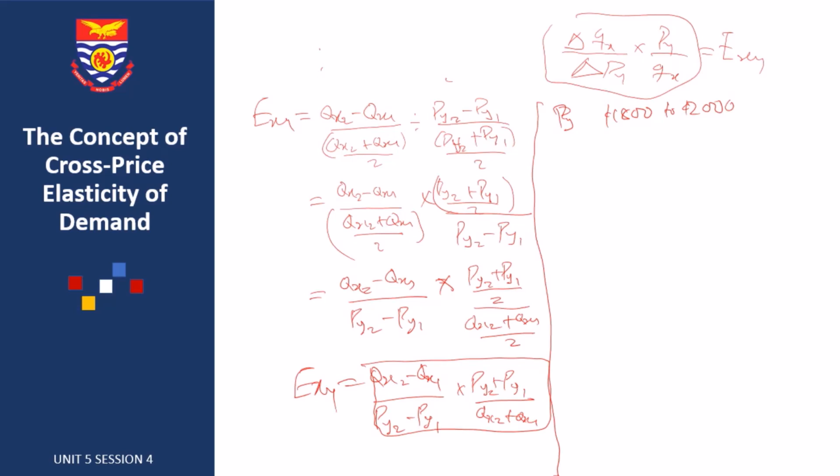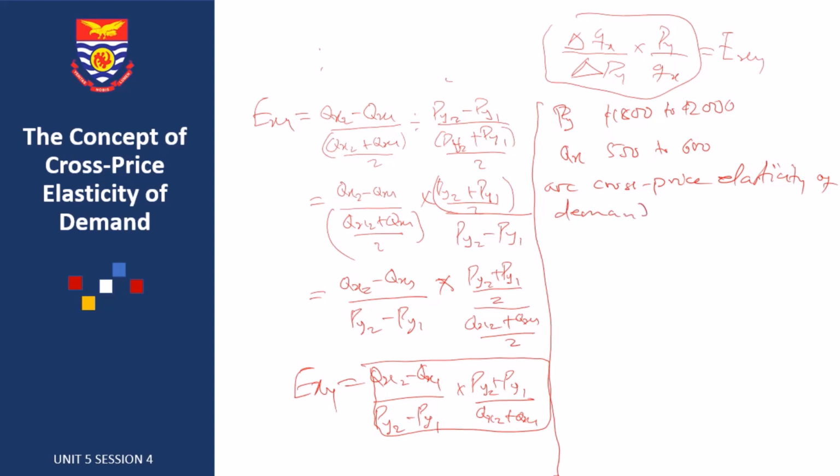As a result, the quantity demanded of Coke, say QX, increases from 500 bottles to 600 bottles a month at a local drinking bar. We want to compute the arc cross price elasticity of demand.